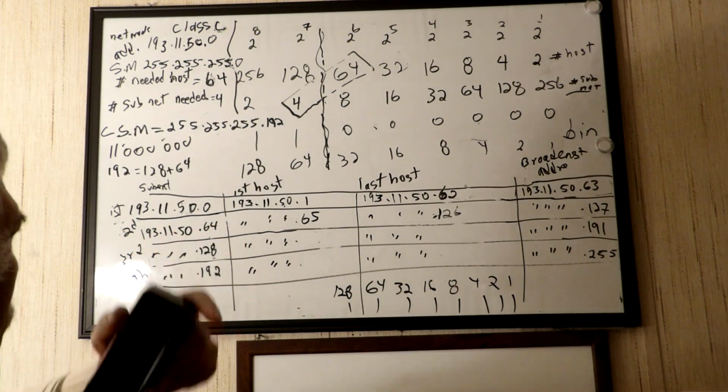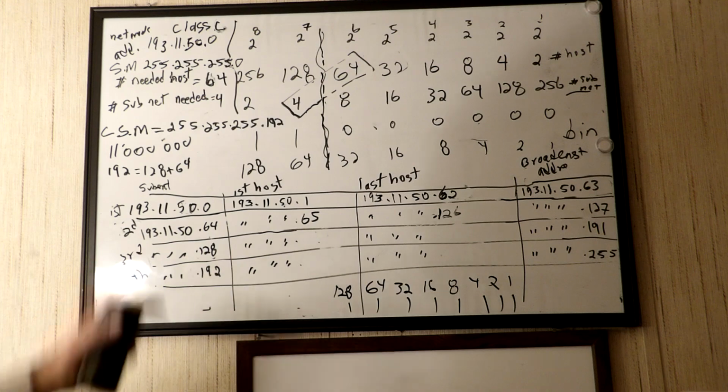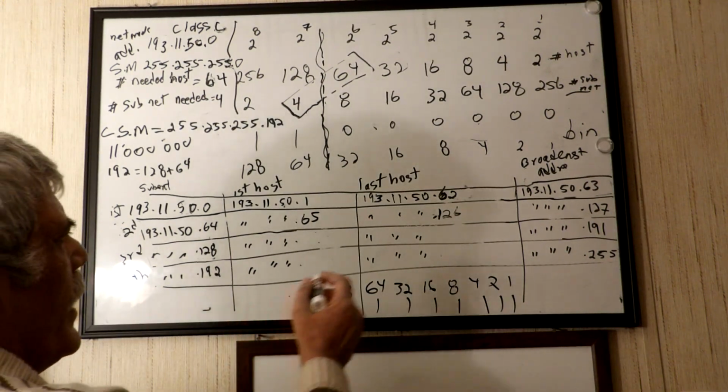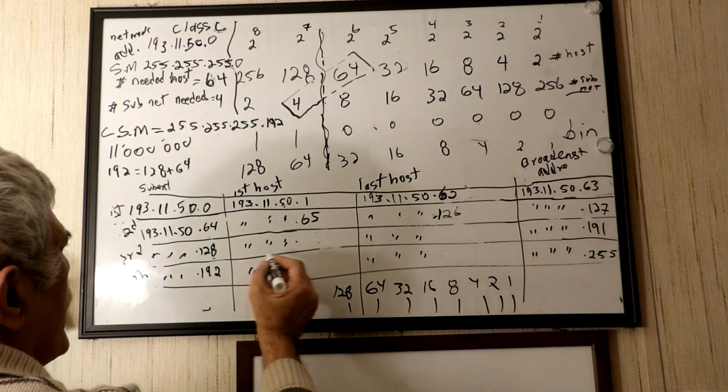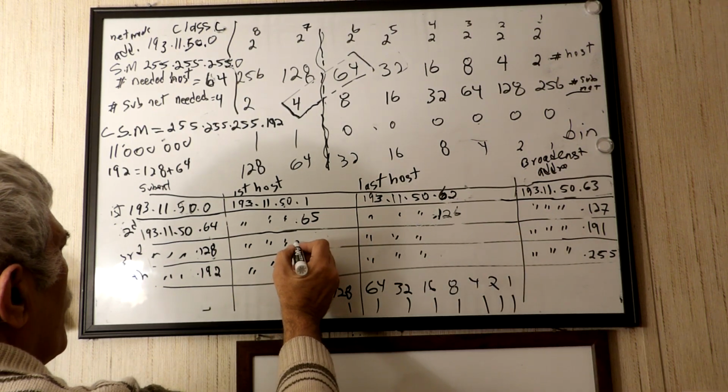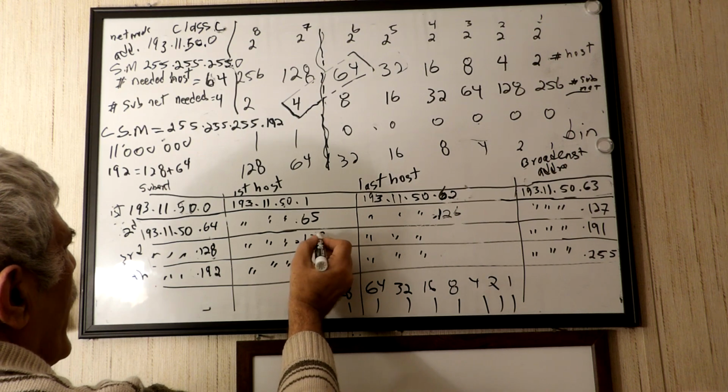It's going to be the number of the hosts in the second subnet. The same thing for this one. This is going to be 192. This is going to be 191, the network address, and this one is going to be point 129.